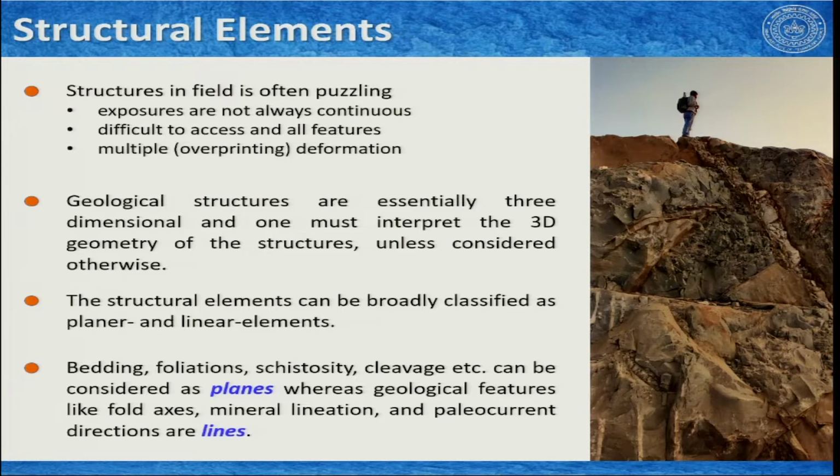Given the history of the earth, rocks may deform multiple times. So, one feature is overprinted by another feature. It is the challenge of a geologist to identify these features, separate them out, and then measure and plot them for subsequent interpretations.